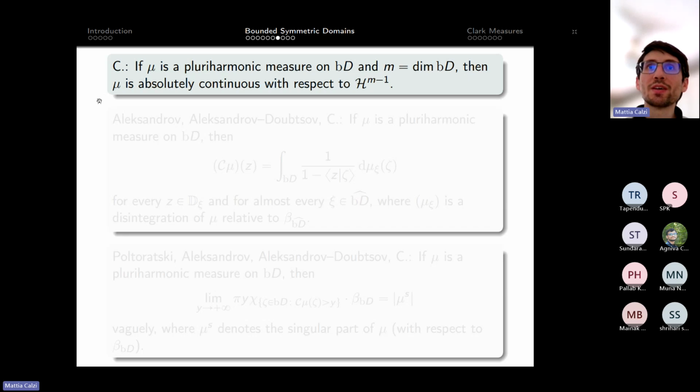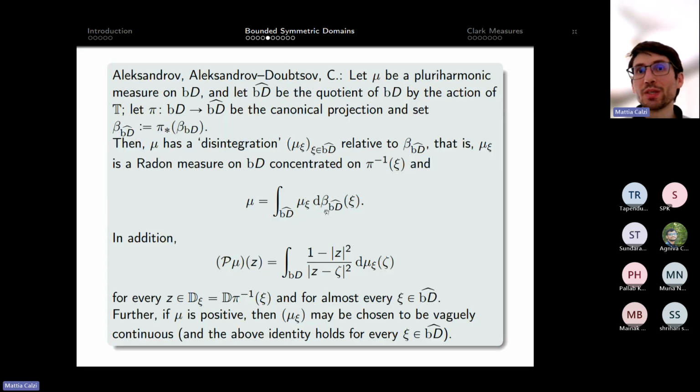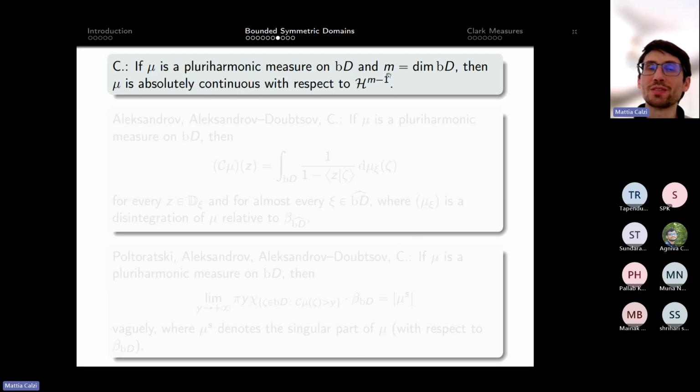And so, well, this is a simple result because the only singularities can arise here, and there is only one dimension to allow for these singularities.